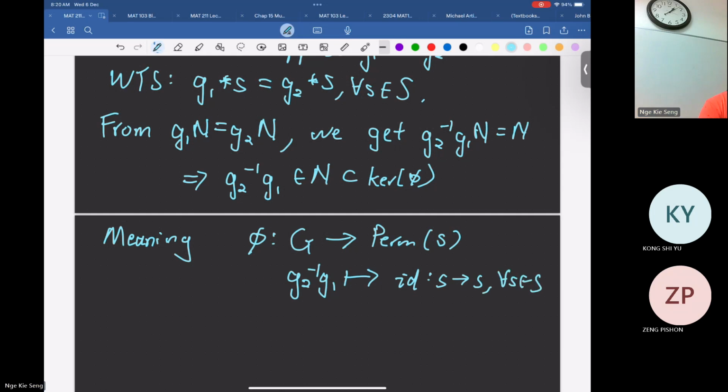Well, so meaning what? That is, G2 inverse G1 acting on all the elements is equal to the identity acting on all the elements. Right. Do you see our goal reaching soon?